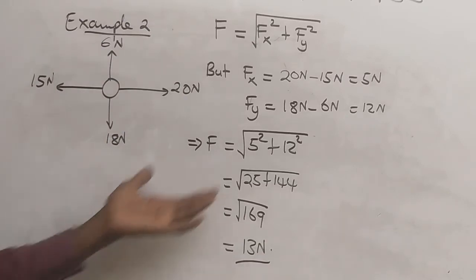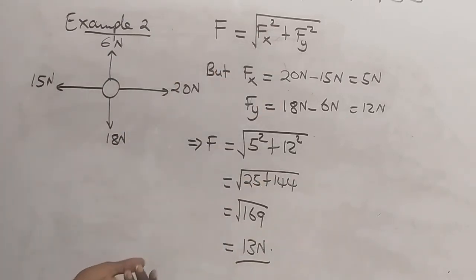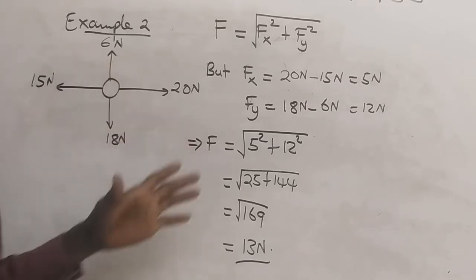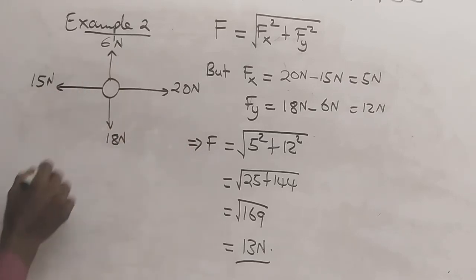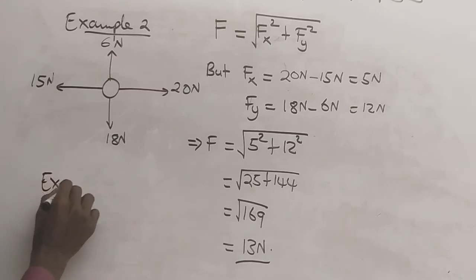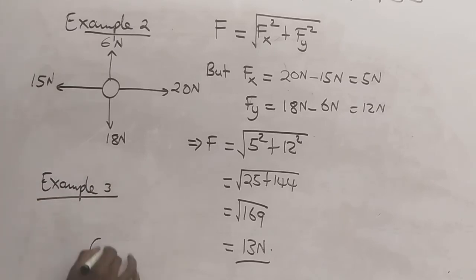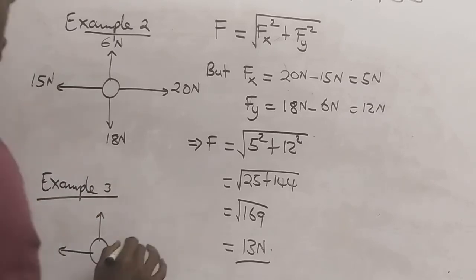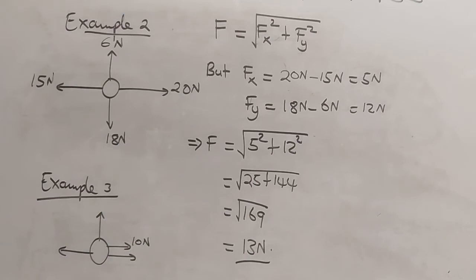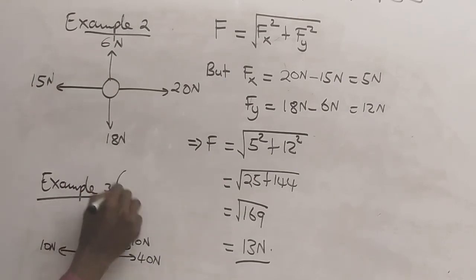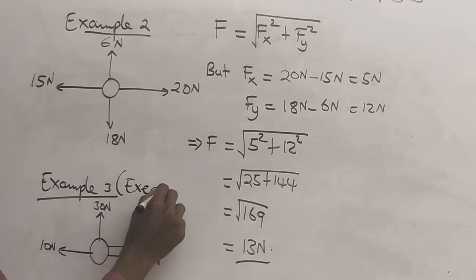Like that, you can easily solve any question that asks you to get the resultant force if you know those approaches. Sometimes, maybe for the last example, example 3, this is also easy.